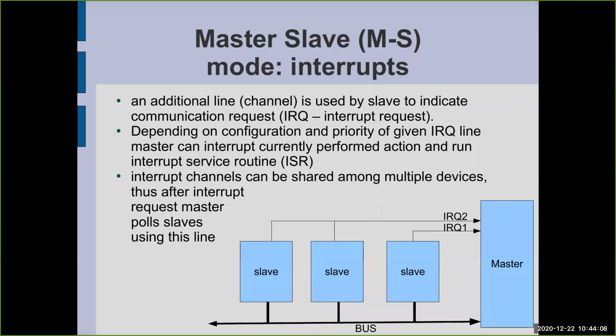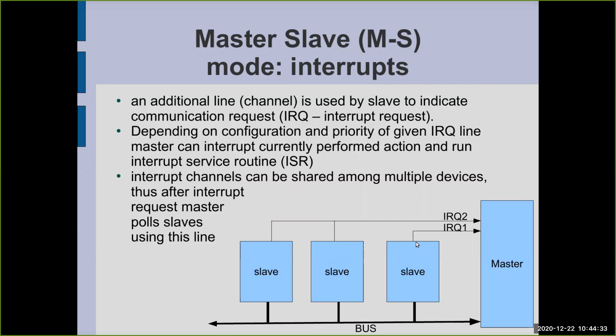The second possibility when we have master-slave architecture is using interrupts. So still, we have a bus, which is shared. Slaves are not allowed to send or transmit data without master permission.